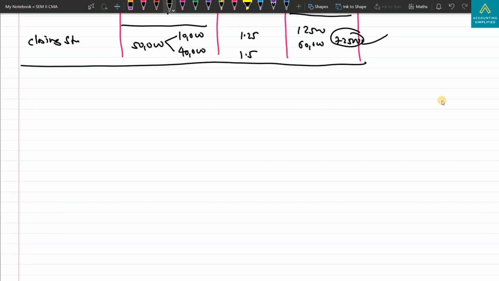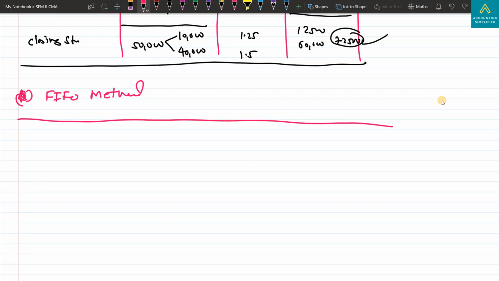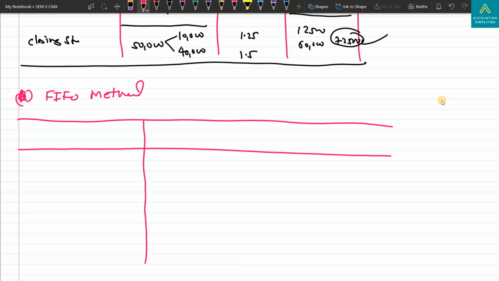Now FIFO method. So second or B, FIFO method. So let's calculate as per FIFO method. The only thing you need to learn is which goods come first and go out first. So particular, HCA, historical cost accounting, conversion factor, and CPP.